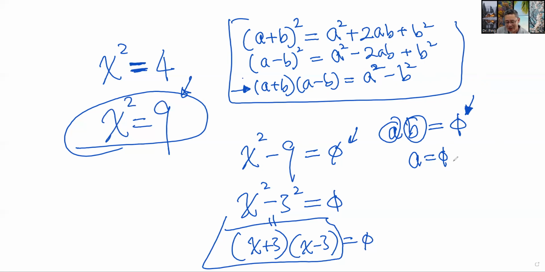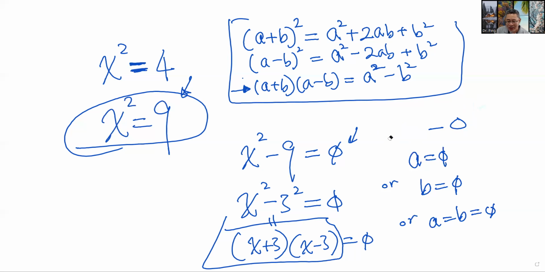So that is one possibility. Or B is 0, and when B is 0, it doesn't matter what A is. Or A and B both are 0. Good? Got it.